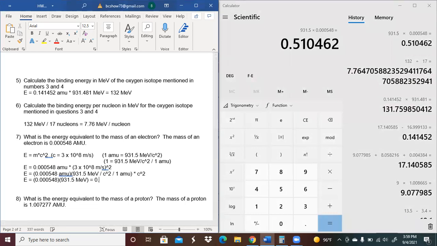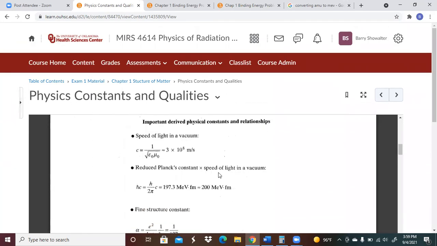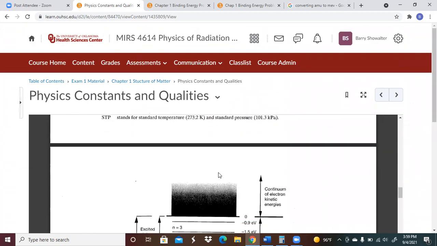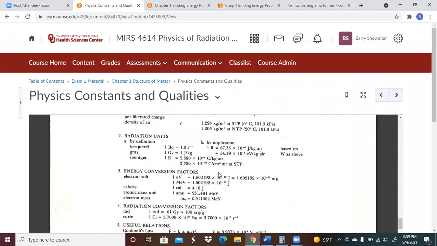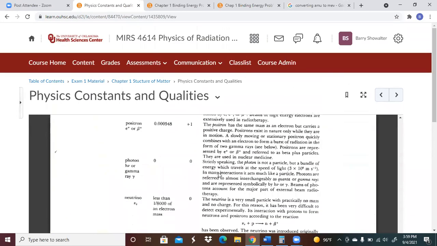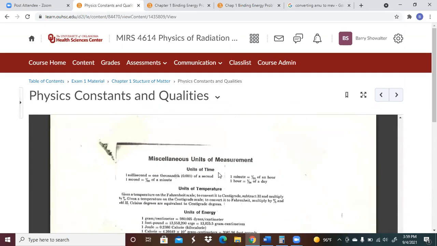So that's 0.51 MeV. Now, how close is that to the measured value? If we look here in the constants sheet, what do we end up with? Those are more English units.